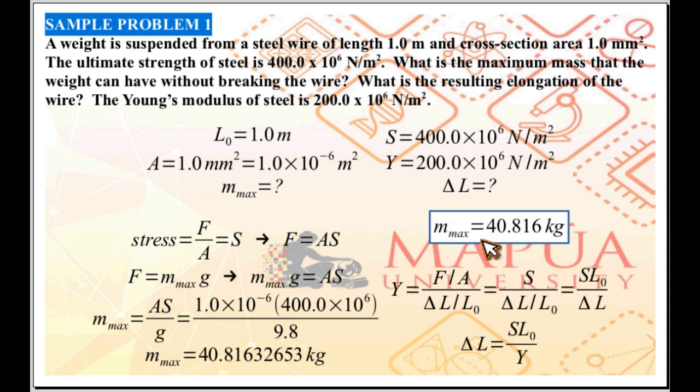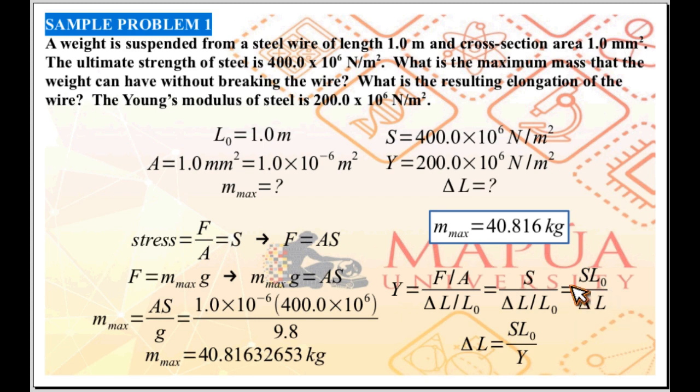At maximum mass of the suspended weight, stress is just equal to the ultimate strength, S. So we replace F over A by simply S. We have Y is equal to S over delta L divided by L naught. Rearranging the equation, we have S L naught divided by delta L.